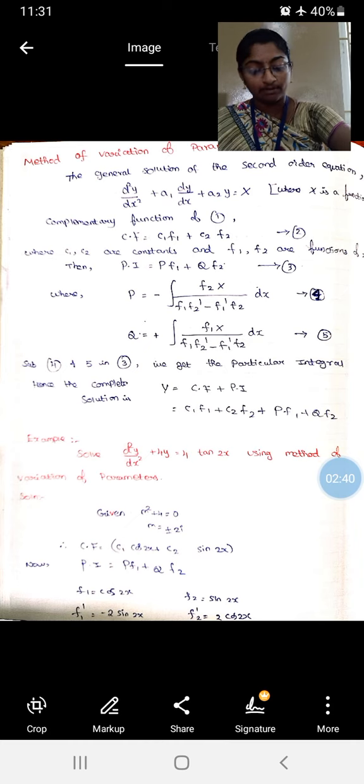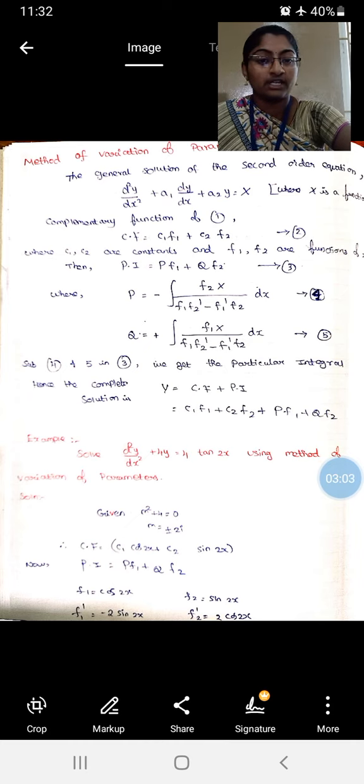So my complementary function will become c1 cos 2x plus c2 sin 2x, because the roots are purely imaginary: for plus 2i I am using cos, and for minus 2i I am using sin. So the complementary function will become c1 cos 2x plus c2 sin 2x.